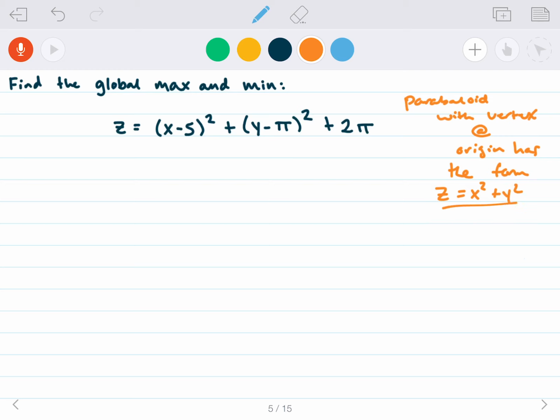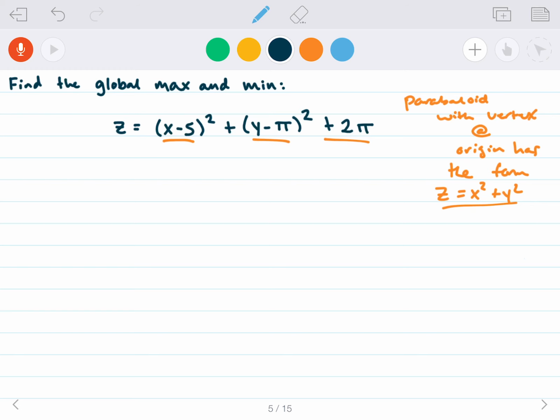Notice that we have a paraboloid because we have x squared, y squared, and then a z, but the x is shifted 5 units, y is shifted by pi, and we have a vertical shift up 2 pi units. So this is a paraboloid, and we expect that it has a global min.